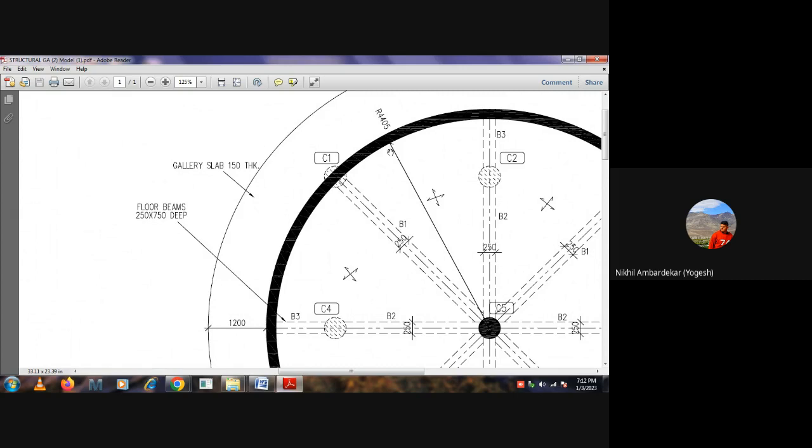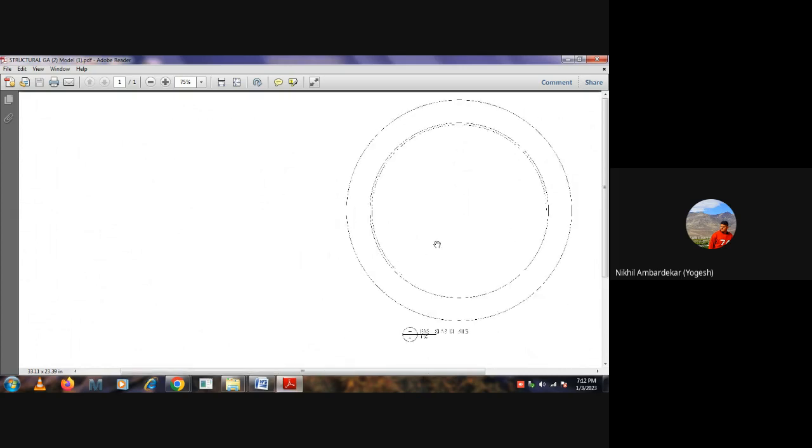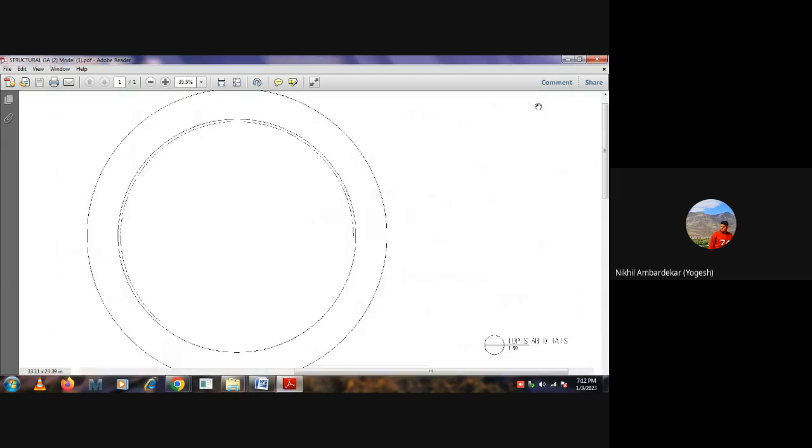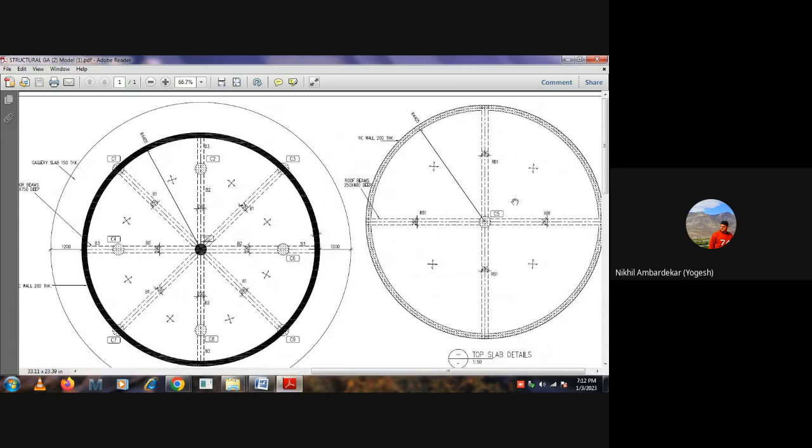So almost 8.8 times 3.28, about 28 feet of span. That's why it is impossible to support the entire slab on only the wall, so we have added one column and four beams at the roof.